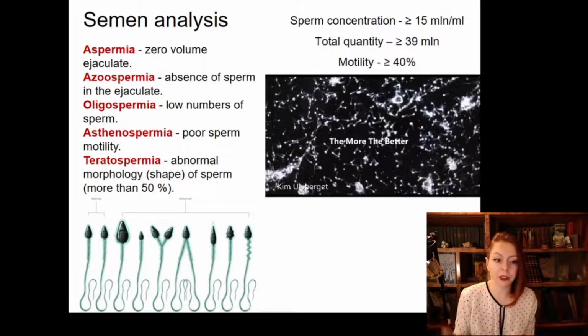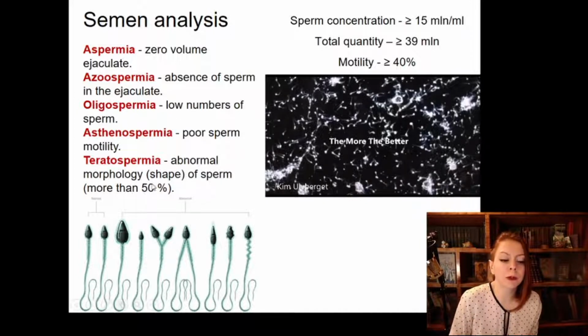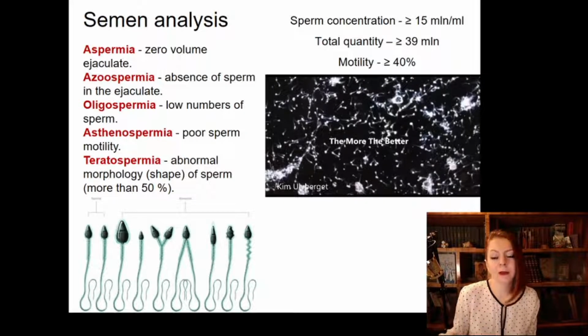And it is important because only one spermatozoon can't fertilize an egg. Notice that up to 50% of spermatozoa could be defective. That's because along their journey, along this competition, lots of them die, and this is the normal process.